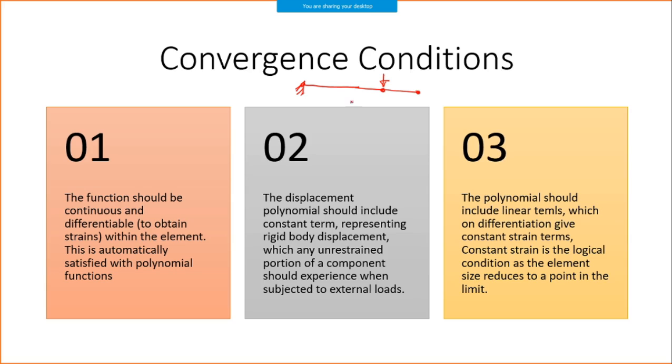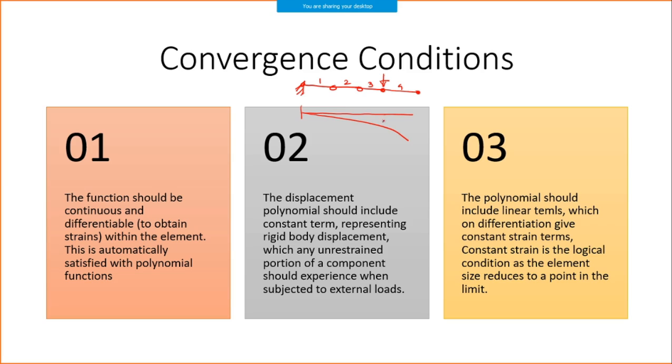I divided it into a number of elements: this is my number one, two, three, four elements. So if I apply the force onto this, what will happen? Practically the deformation should be like this.